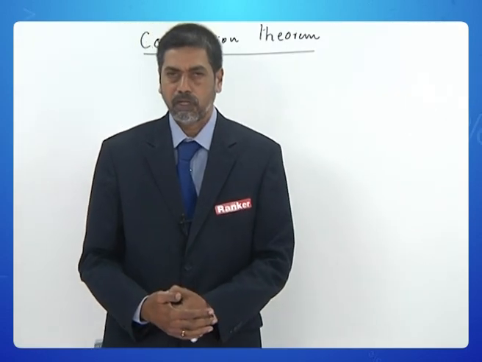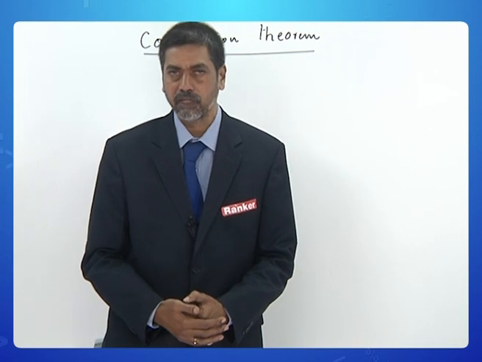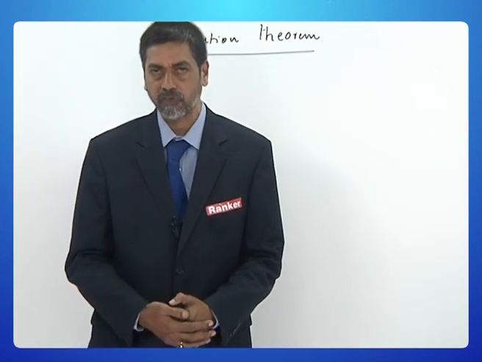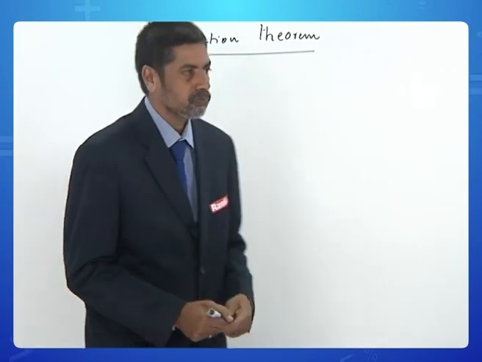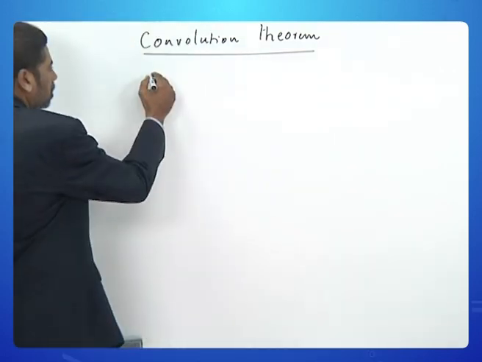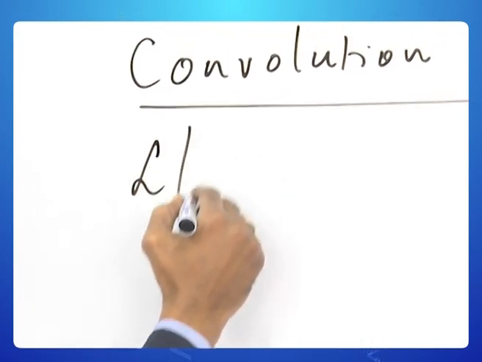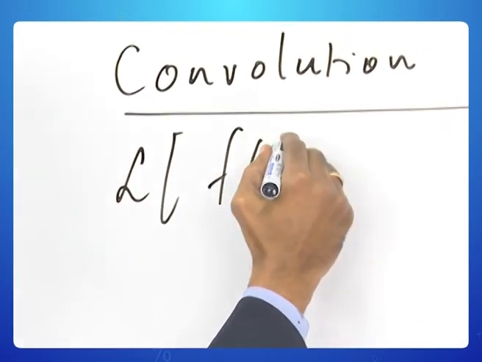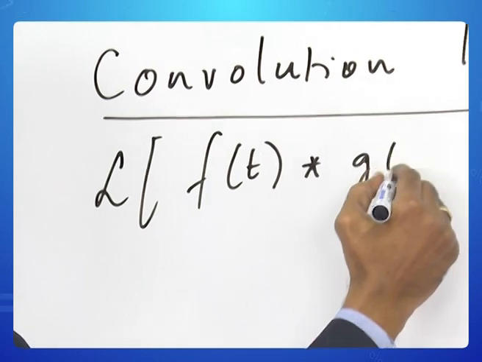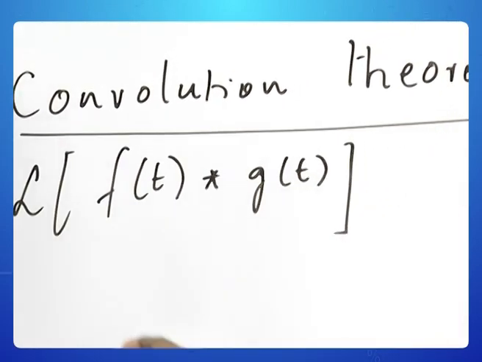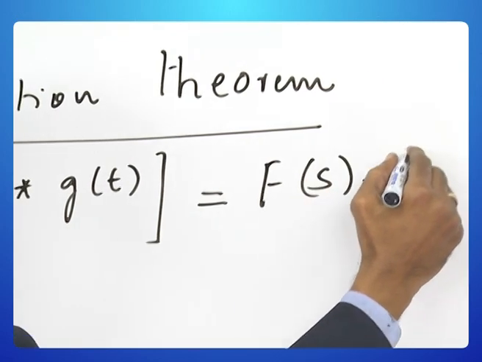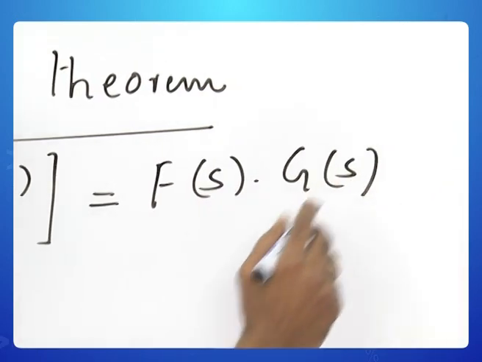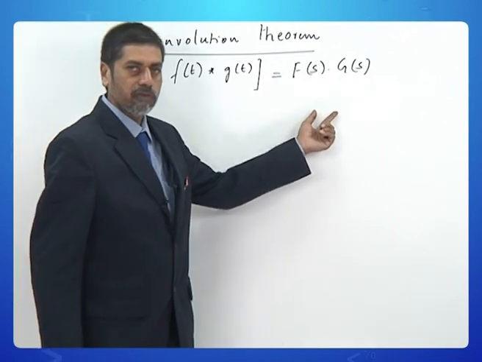Okay friends, after having defined the convolution integral, let us see how the Laplace transform makes things very simple about convolution of functions. The Laplace transform of the convolution of two functions is simply the product of the Laplace transforms of the functions.